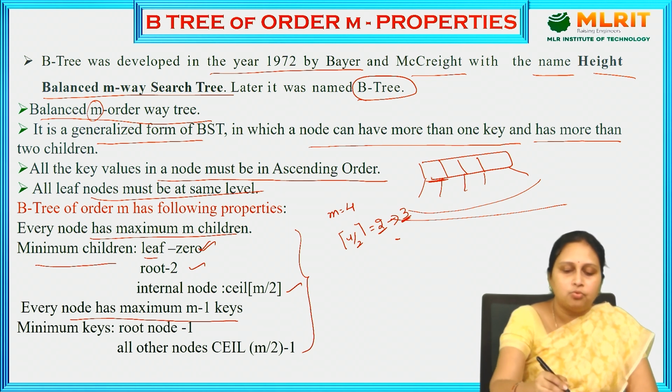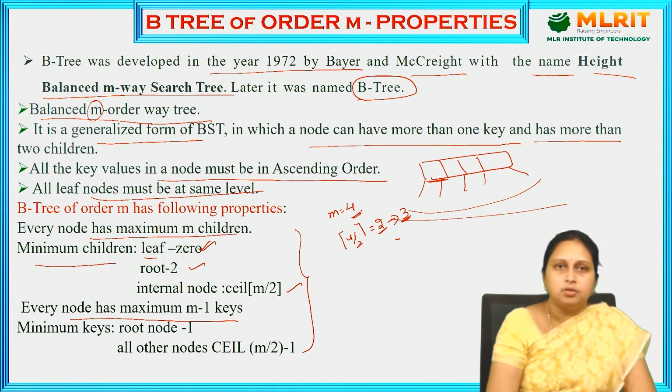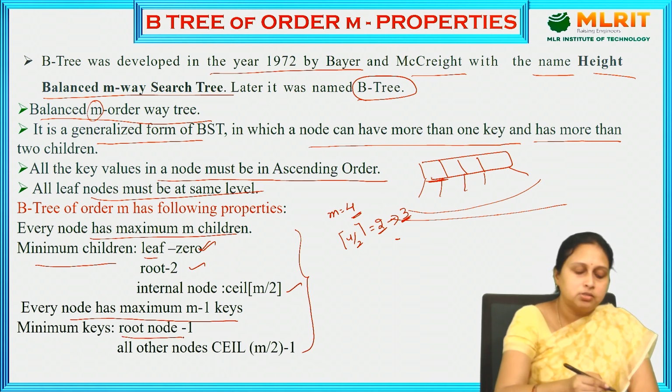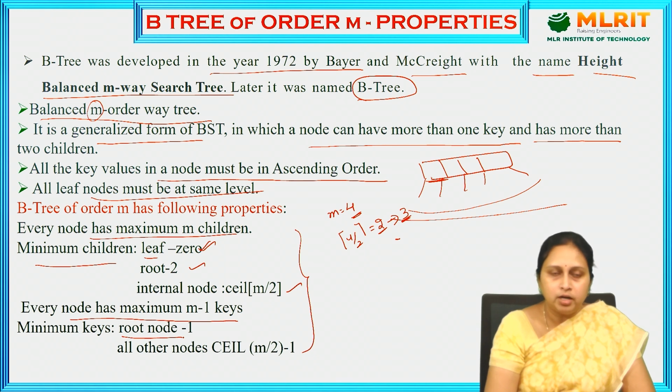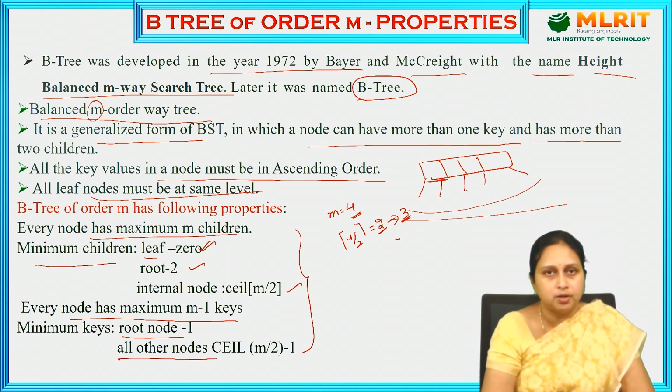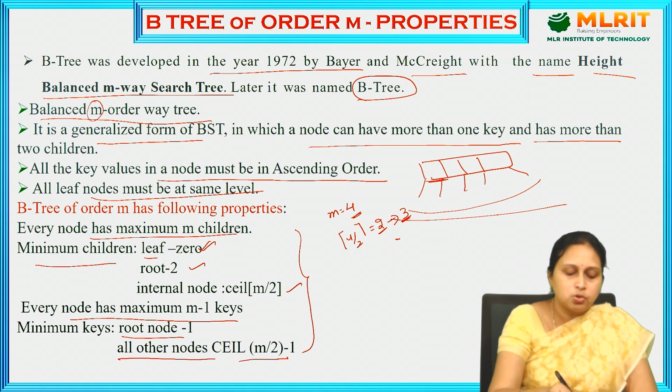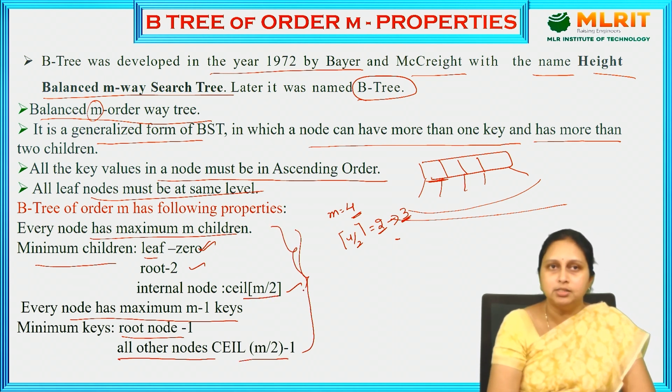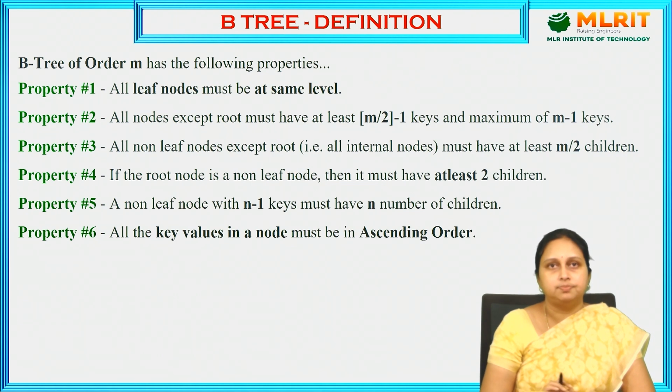If I have M children, then M minus 1 keys need to be present. And the minimum keys for the root node will be 1, and for all other nodes it will be ceil of M by 2 minus 1. Right? Based on satisfying all these properties, we are going to construct the B tree.